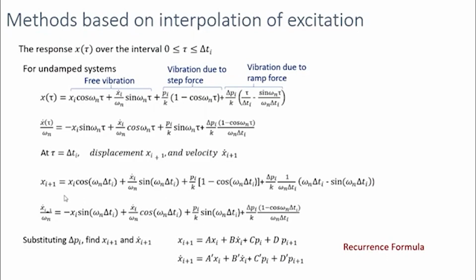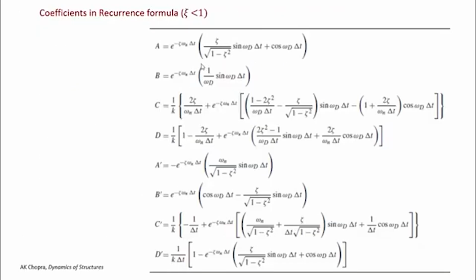So if we rearrange the terms in these two expressions, we would get the coefficients for the undamped system. So that would be equal to, if we substitute the value of zeta equal to 0 in these expressions.